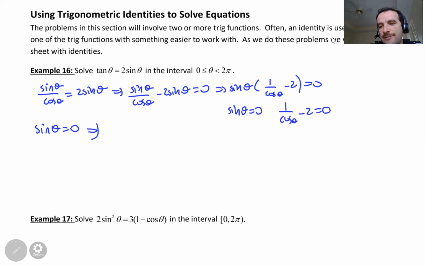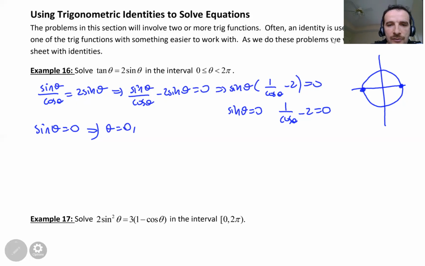Which angle is that? Remember, on the unit circle, sine is the y value. I have to have y equal to 0. So it's here and there, right? Here and there, y is equal to 0. So theta is 0 and 180. Okay, these are the solutions we get from the first part.